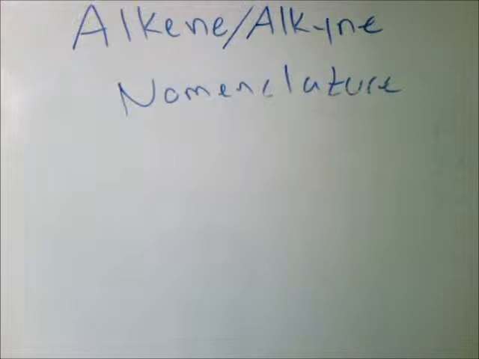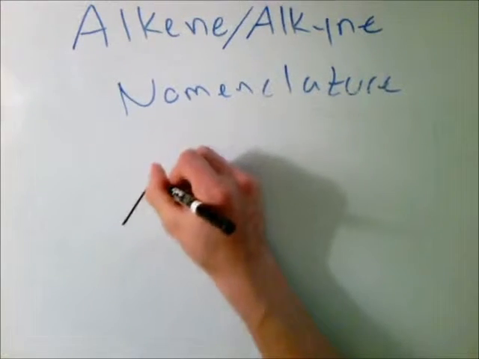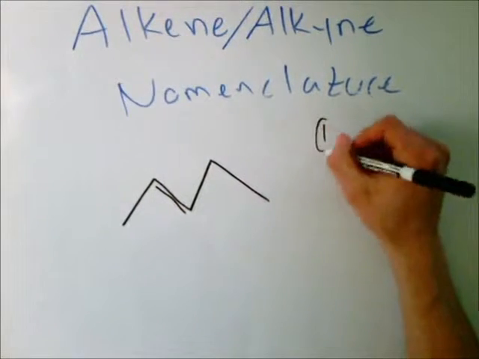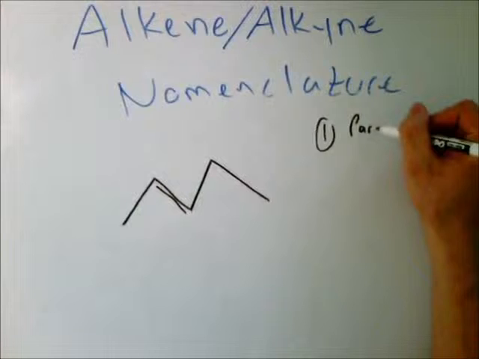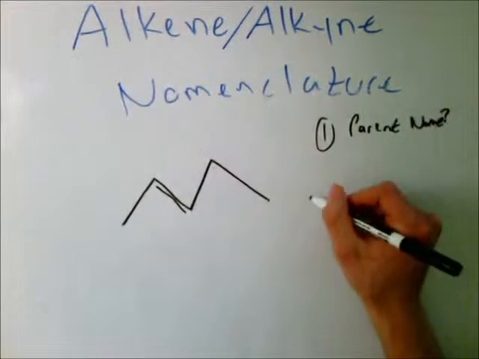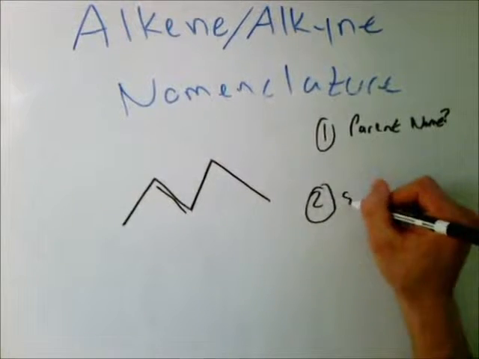Let's start with an example here. There's 3 pieces of information we need to pull from this in order to name it. 1, parent name. 2, suffix.